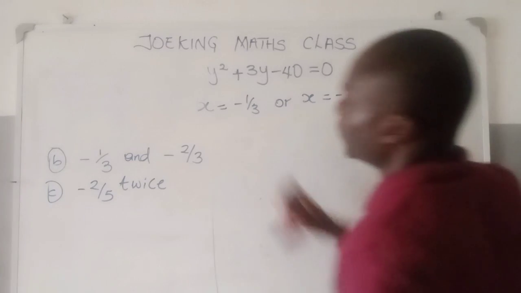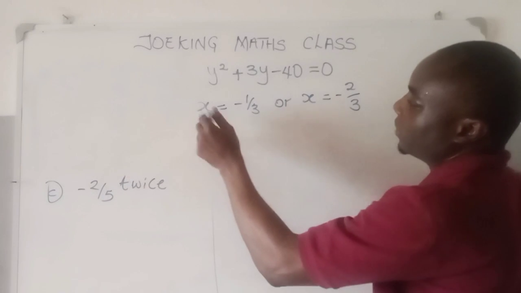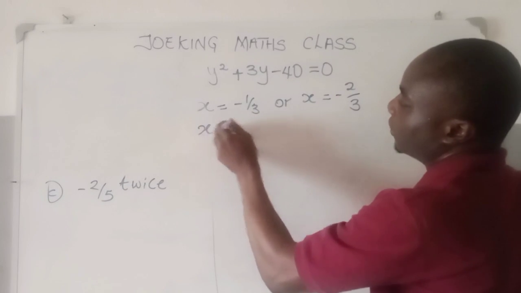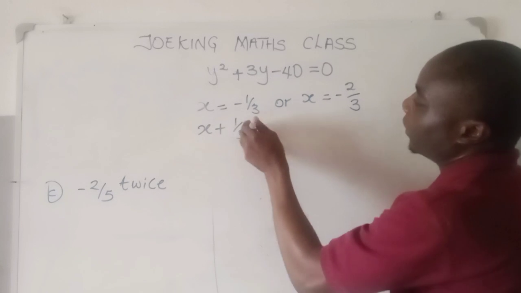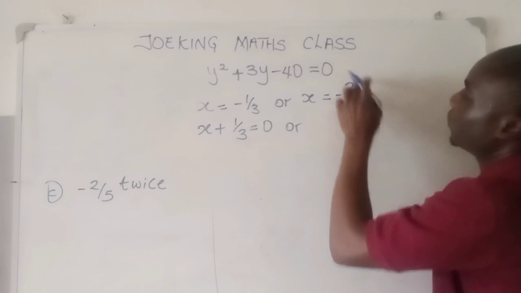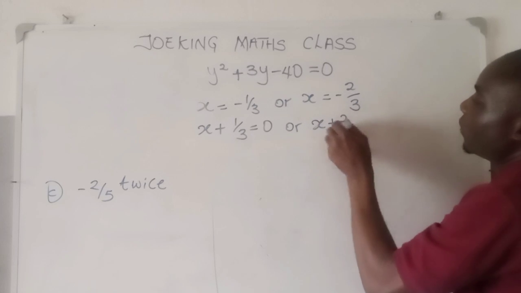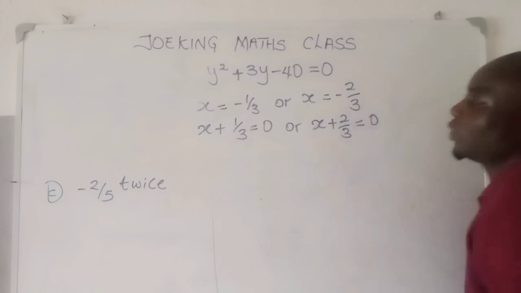The next thing we're going to do, we'll carry minus 1 over 3 to this side and it becomes x plus 1 over 3, equal to 0, or minus 2 over 3 will cross over to this side, and we have x plus 2 over 3 is equal to 0.